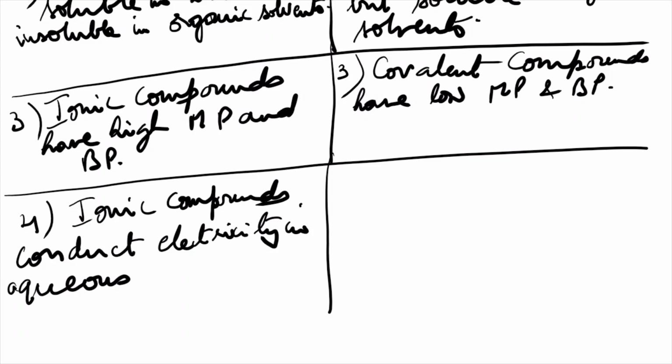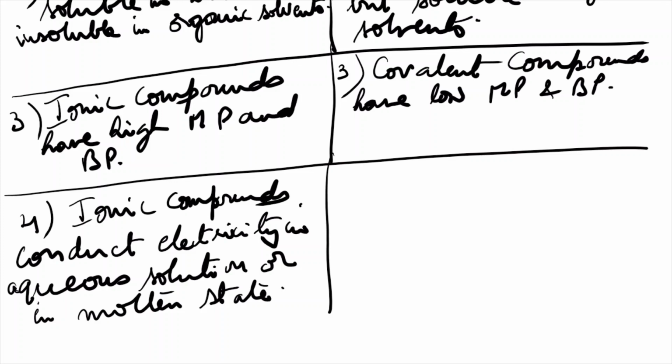When a solid is dissolved in water, the solution formed is called aqueous solution. Aqueous solution or in molten state. What is meant by molten state? When a solid is melted, then we say it is in molten state. Now, covalent compounds, whereas, are not good conductors of electricity either in aqueous solution or in molten state.